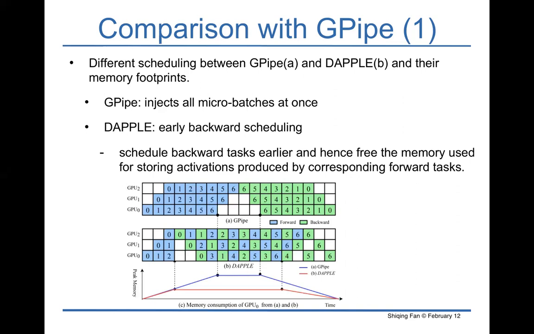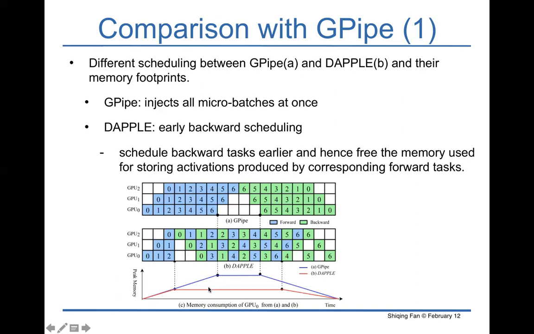In DAPPLE, we propose an early backward scheduling strategy to reduce memory consumption while achieving good pipeline training efficiency. The key idea of early backward scheduling is to schedule backward tasks earlier and hence free the memory used for storing activations produced by corresponding forward tasks.